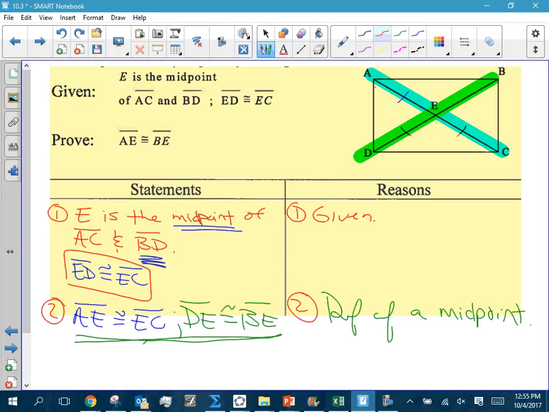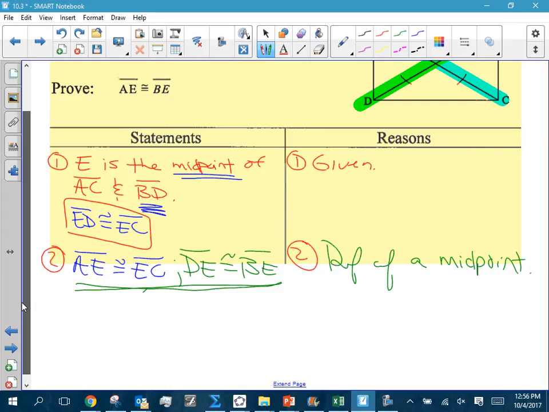And that follows exactly what that slide said, those 7 steps. When you write information about your picture because of a vocabulary word, your reason, 90% of the time, will be the definition of that vocabulary word. Okay? There will be a couple times where that doesn't happen, and then we'll talk about those special situations.